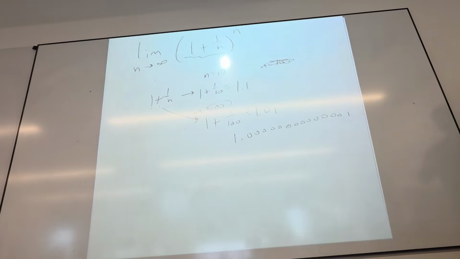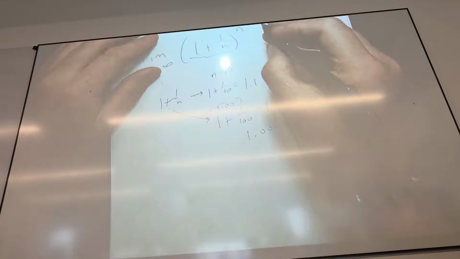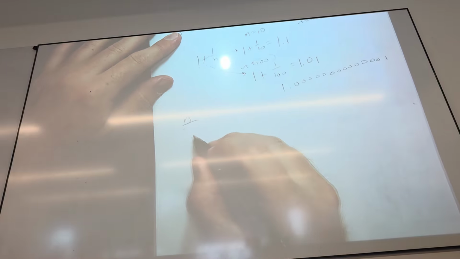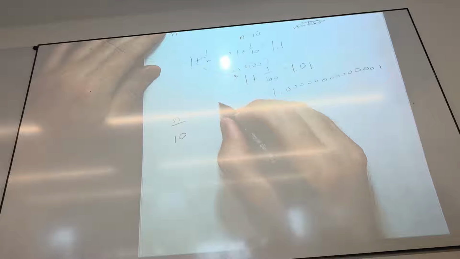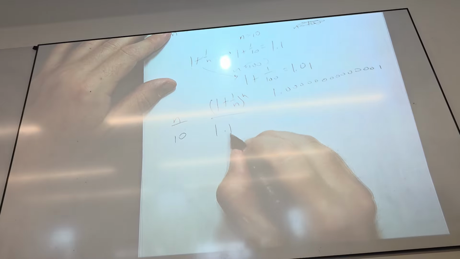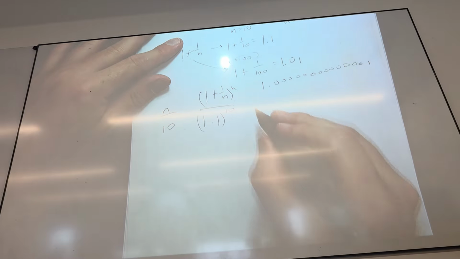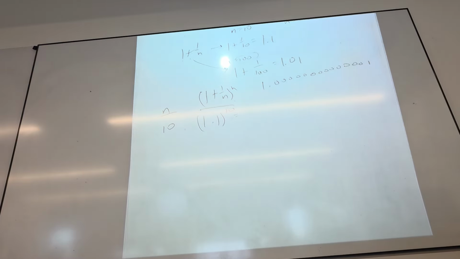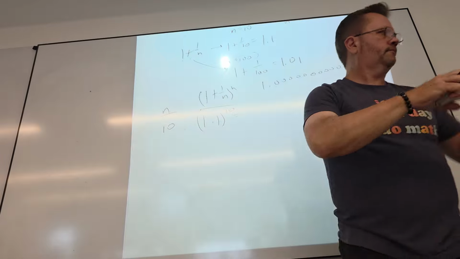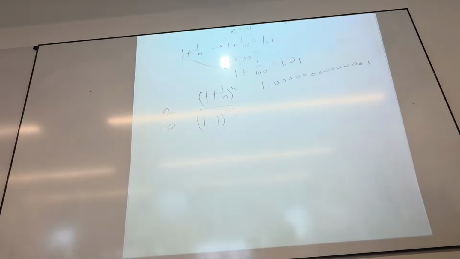Let's do this one thing at a time. If I make n 10, then this would be 1.1 to the 10th. Can you guys do that in your calculator? What's 1.1 to the 10th power? Anybody?